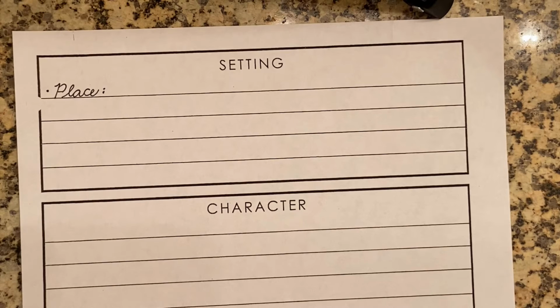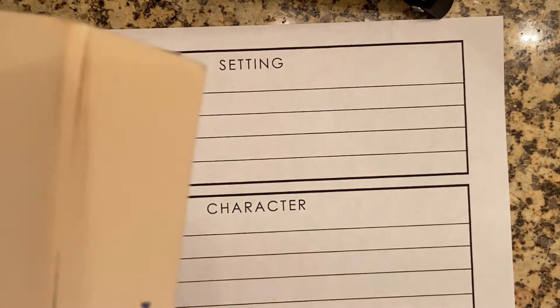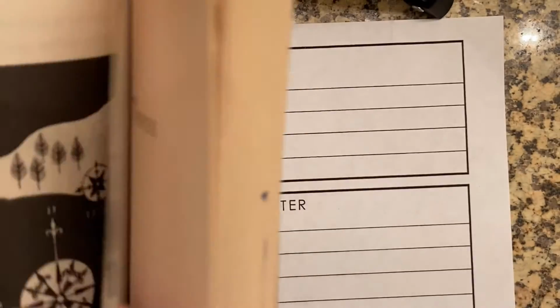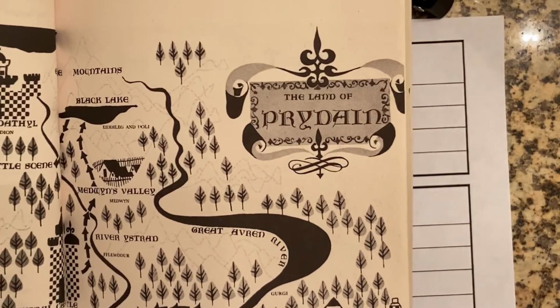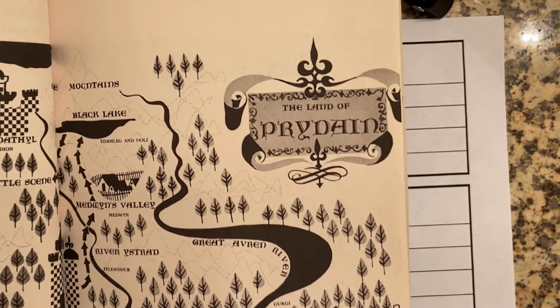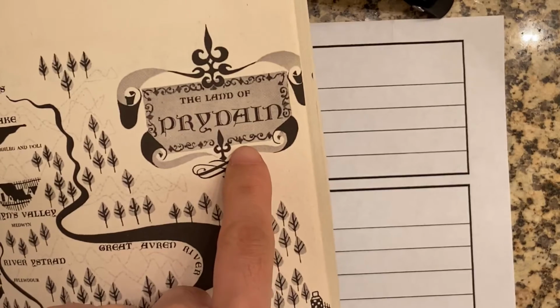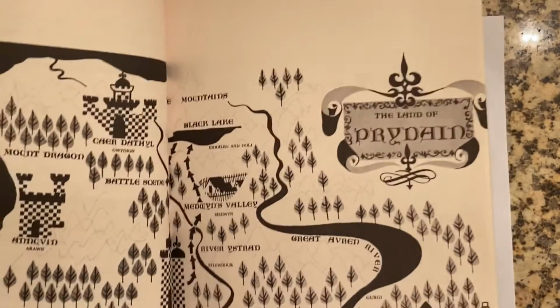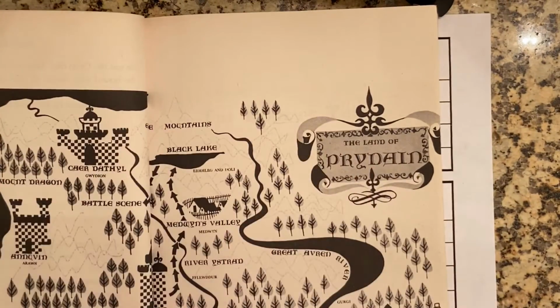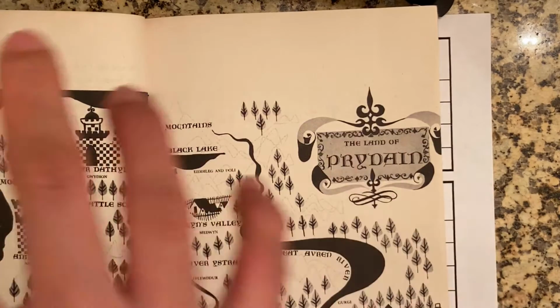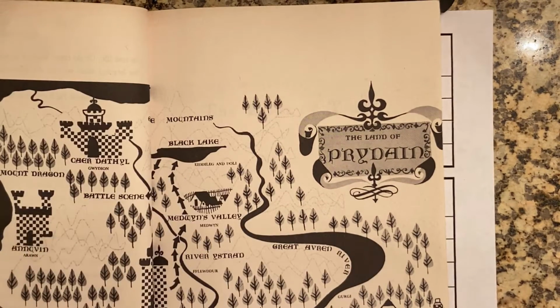And let's look at our map. This book was really nice because it gives you the map so you can follow along while reading. So as you can see, the whole story is taking place in a region called Prydain. So the whole thing is the land of Prydain. And now that region is broken into different kingdoms.